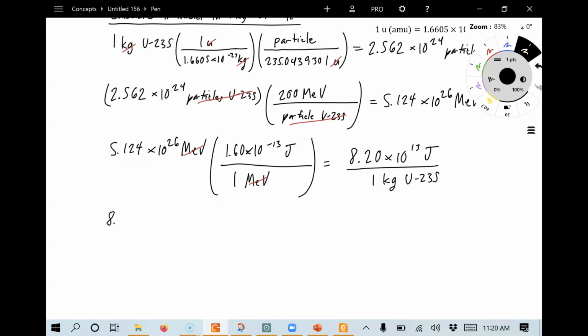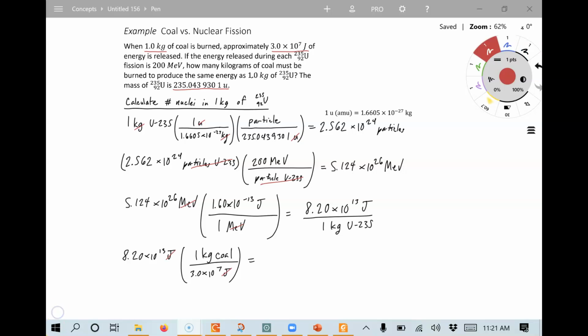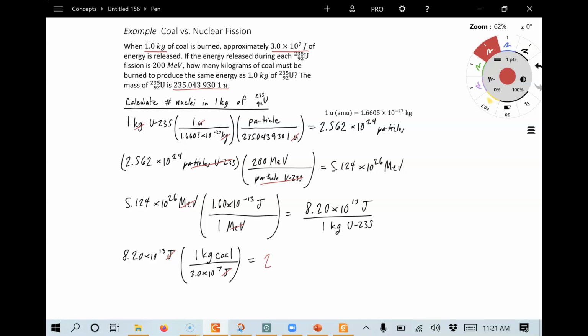I'm going to start with 8.2 times 10 to the 13th joules of energy, and we have 1 kilogram of coal produces 3.0 times 10 to the 7th joules. We'll cancel our joules out and we'll determine how much coal would need to be burned. This comes out to about 2.73 times 10 to the 6th kilograms of coal.